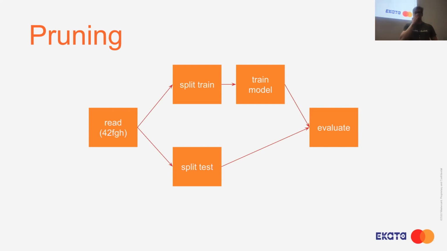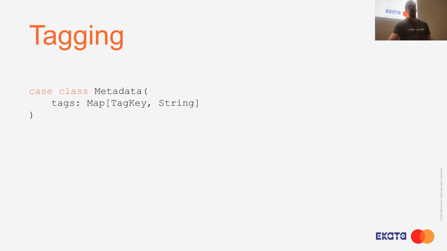And that's a problem, because when you end the run and you have like 600 outputs, as we have for an average run, then you will have 600 random hashes, and you will have to somehow find the actual model that you are looking for, or the actual evaluation, the actual metrics that you want to check. And for this, we made an addition to our DSL once again. And this is tagging.